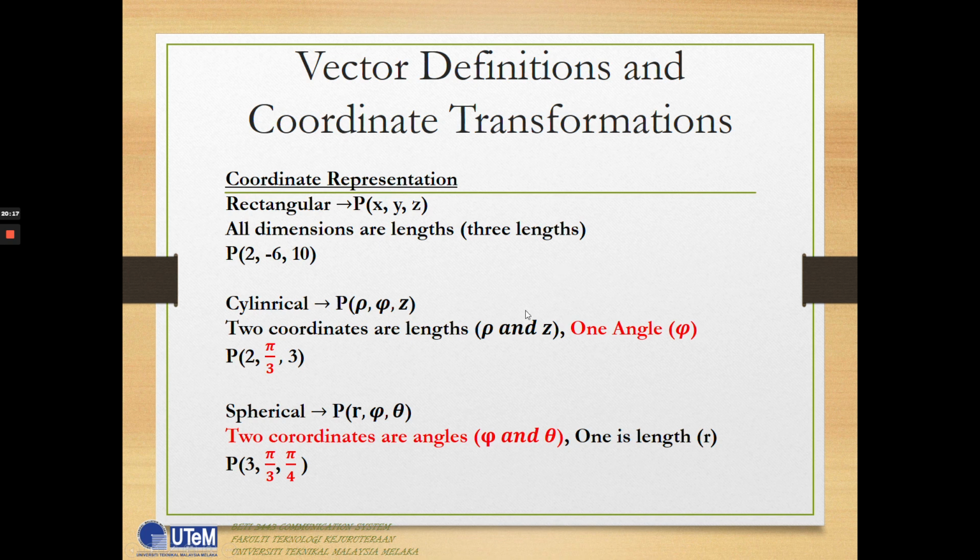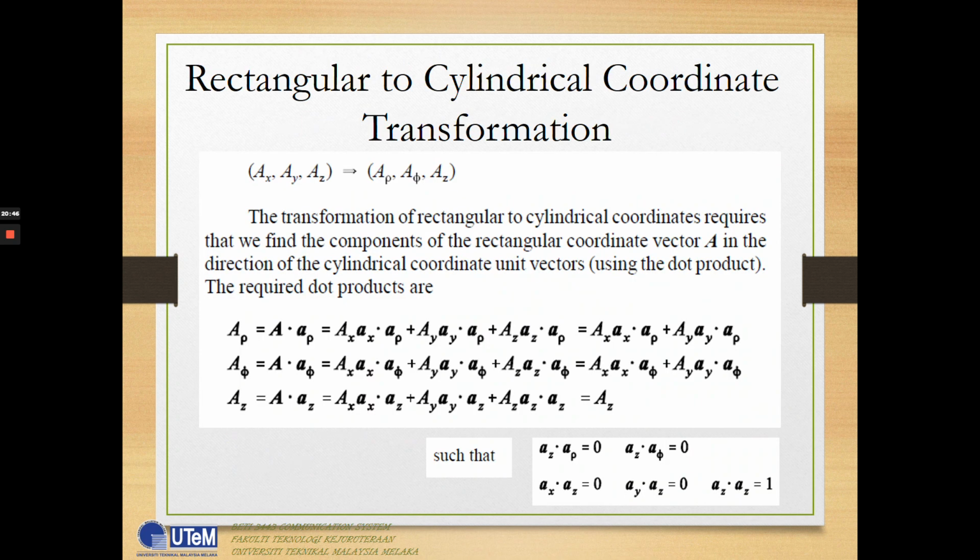If there is only one angle and two coordinates are lengths, you find the angle first. If there is only one angle, then it must be cylindrical, and if there are two angles, then it has to be the spherical coordinate system. So that's how you will identify. It's a very quick way to identify which coordinate system the vector definitions belong to.